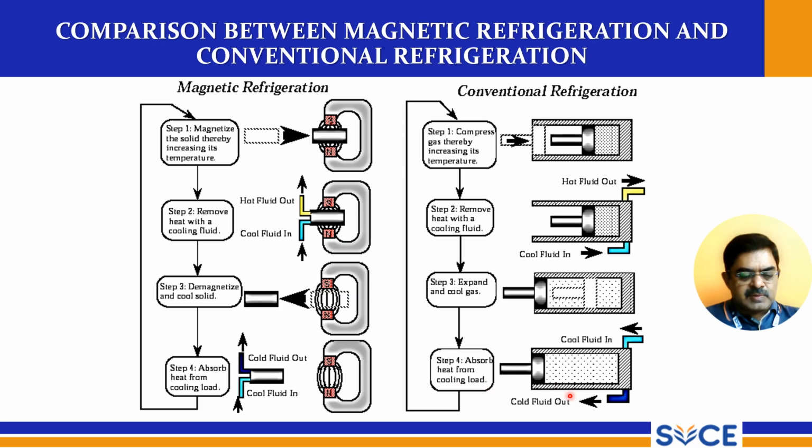This is the last step in the conventional refrigeration system. Both are very similar in nature, and we can correlate them and easily remember these 4 steps. With this diagram you can easily explain both types of processes.